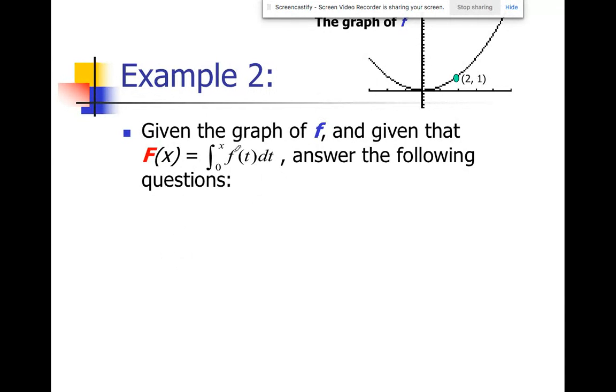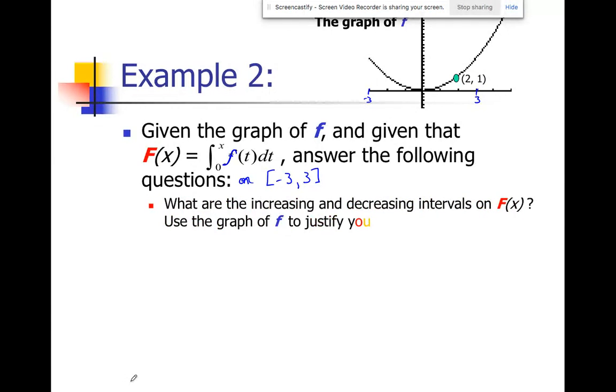Given that the accumulation function on little f, capital F, accumulates under little f, answer the following questions, and I'm going to give you the closed interval from -3 to 3.